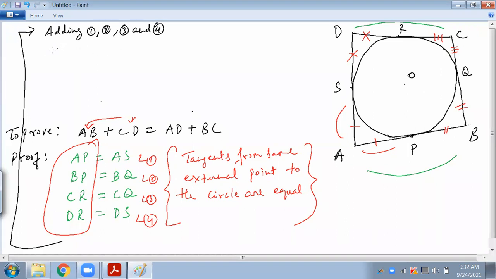What will we get? While adding equations, we add all the left hand sides together and all the right hand sides together.